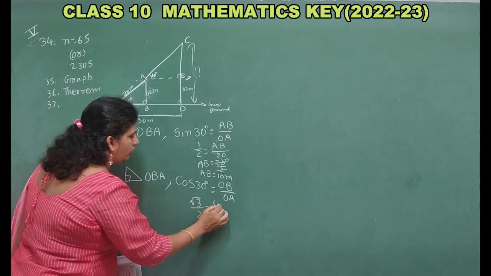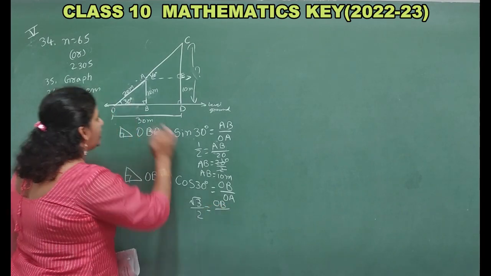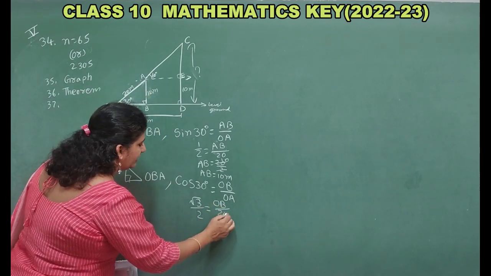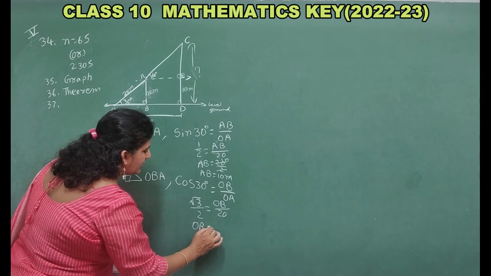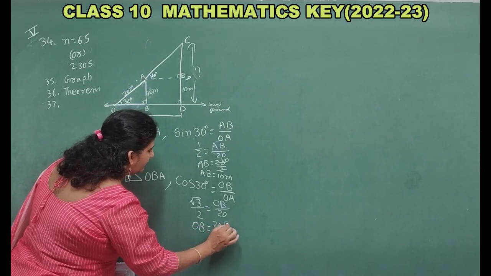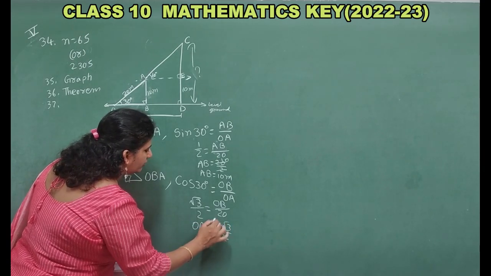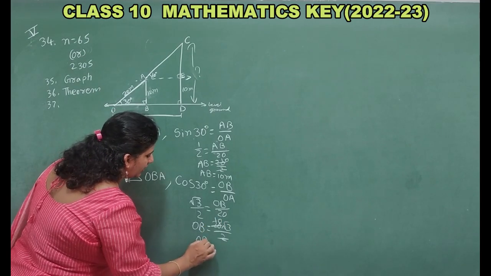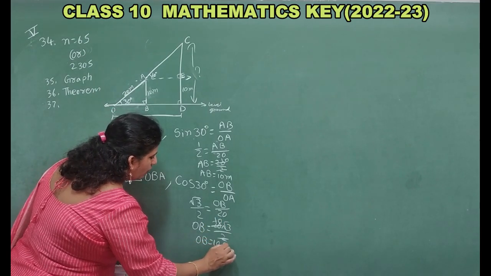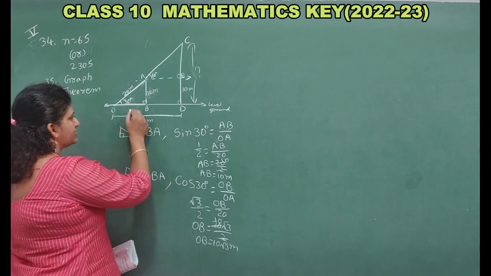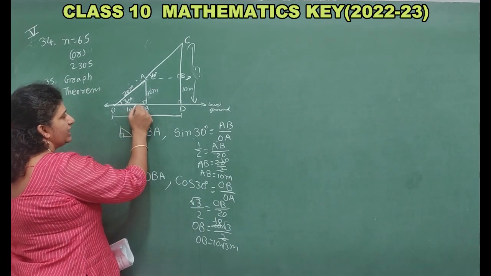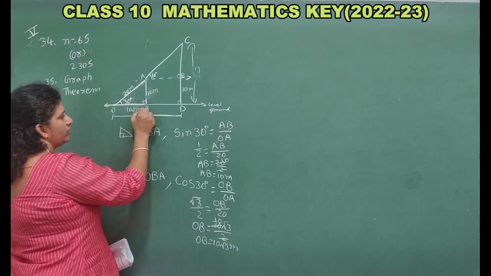OB we don't know. OB by OA, OA is 20. OB is equal to 20, cross multiply the other side, 20 root 3 by 2, that is 10 root 3. 10 root 3 meters. Now what is OB? 10 root 3 meters we got.